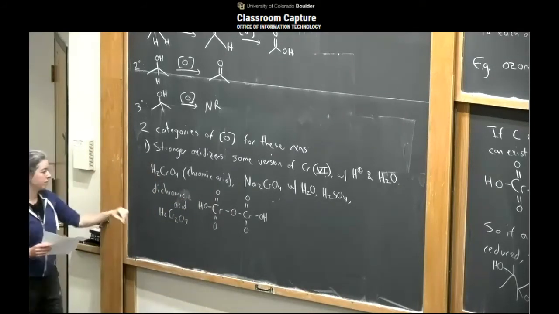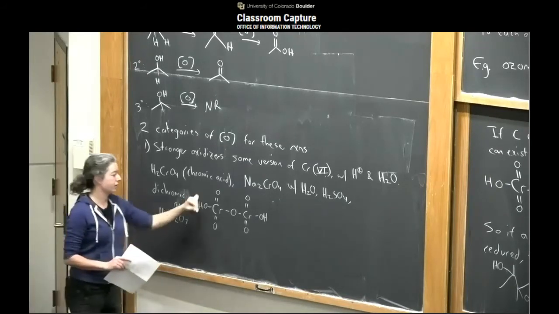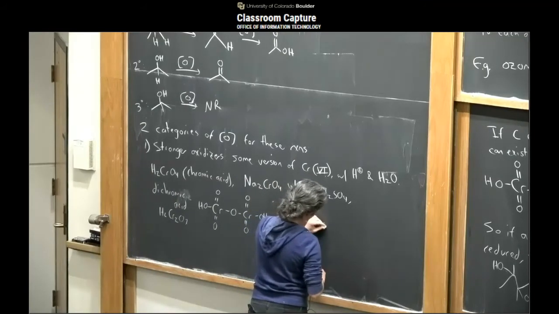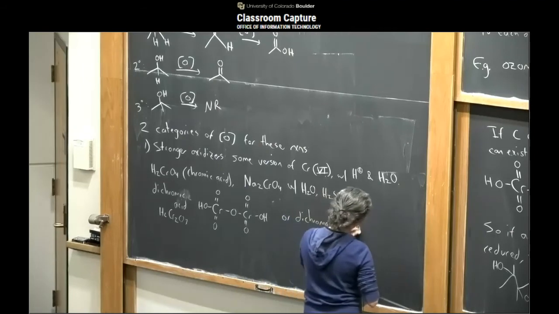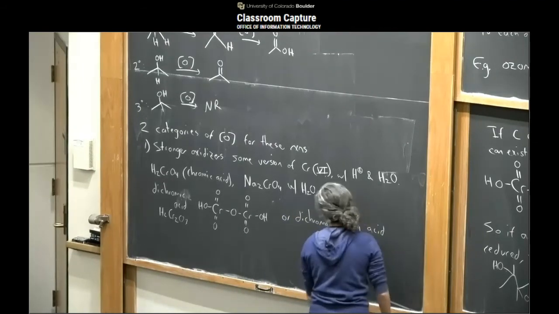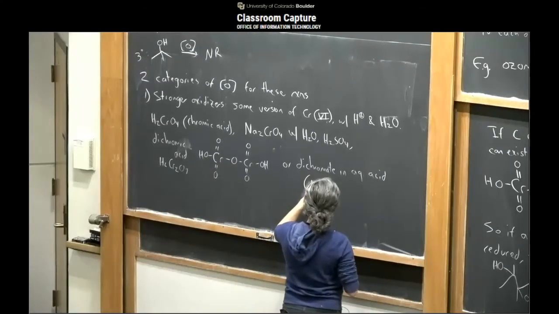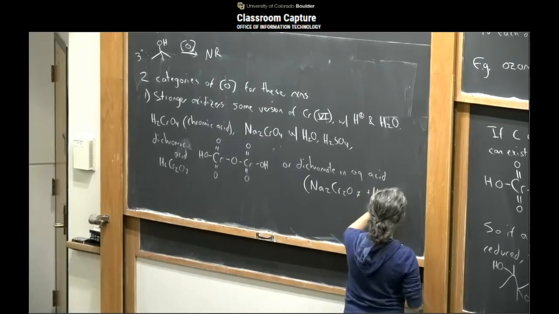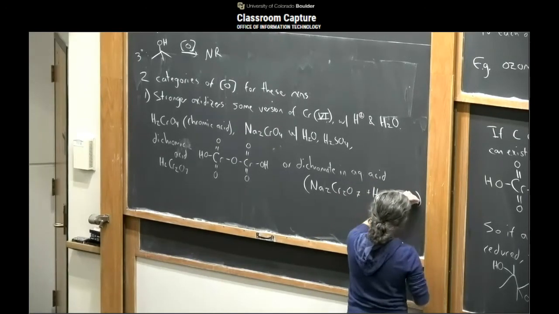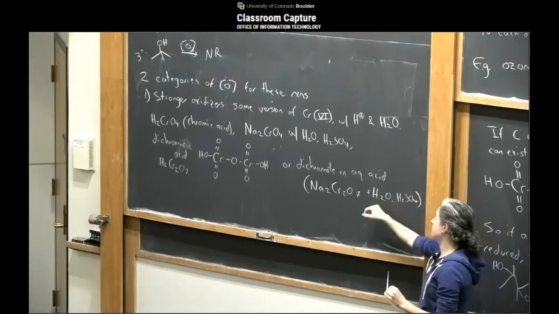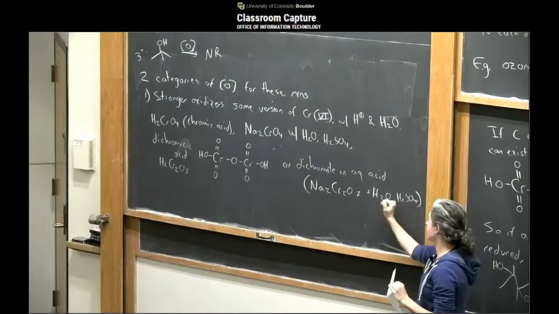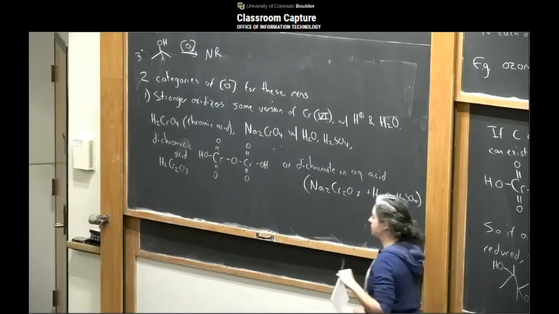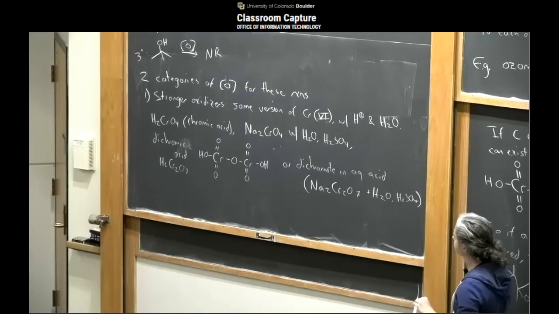Or again, one of the salts of this where the two H's have been replaced with sodiums, like Na2Cr2O7 plus H2O, H2SO4, some kind of combo like that. Sometimes people won't actually bother writing the water explicitly because there is a little bit of water around in sulfuric acid or in whatever chromic or dichromic acid, just because that's how you get it into the aqueous form.